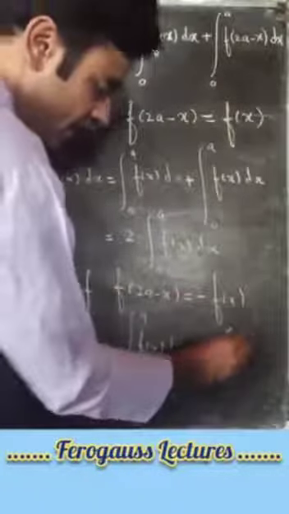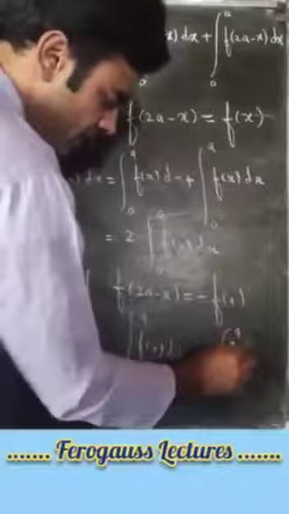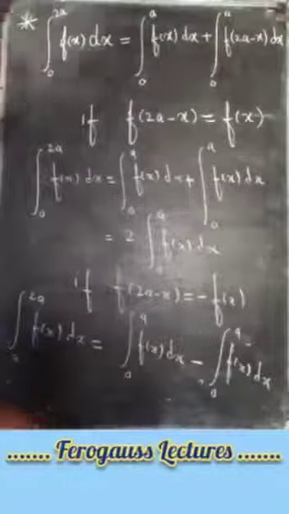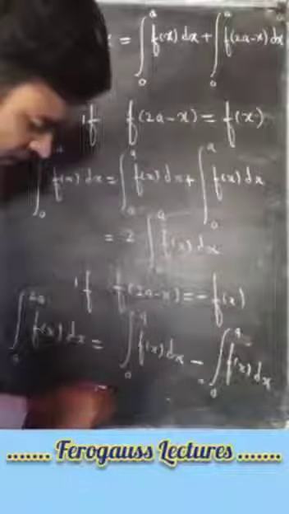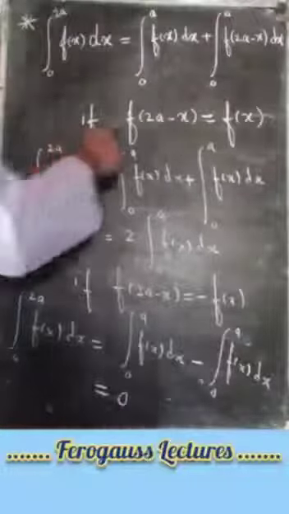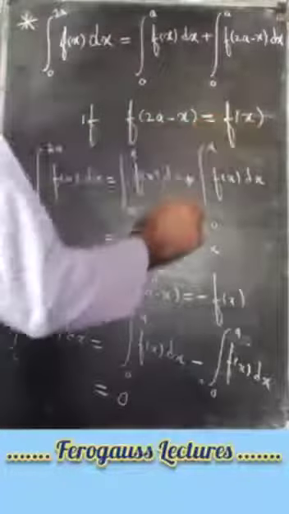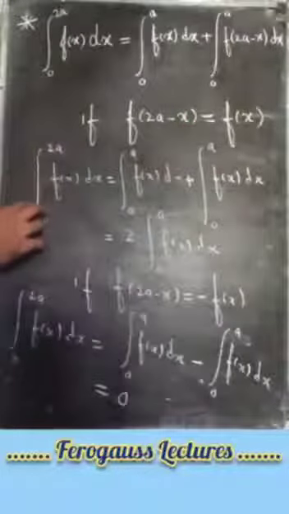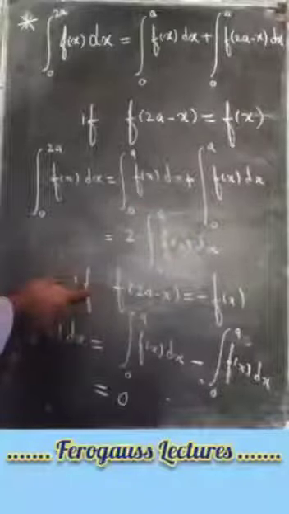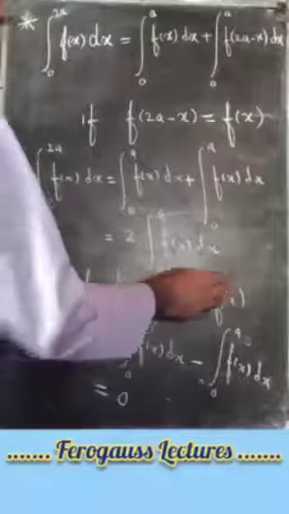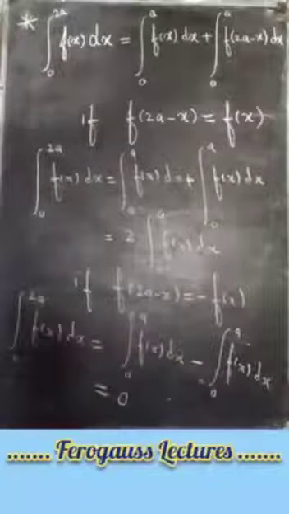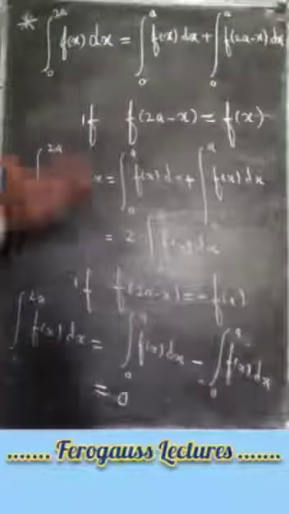So we get minus times the integral from 0 to a of f(x) dx. These two integrals cancel, so the result is 0. Okay, so in case f of 2a minus x is equal to f of x, then this integral is 2 times the integral from 0 to a of f of x dx, and in case f of 2a minus x is minus times f of x, then this integral is equal to 0. This proves the result.